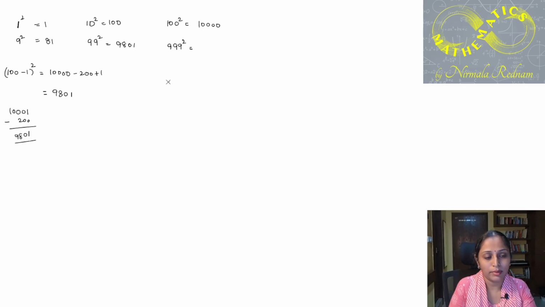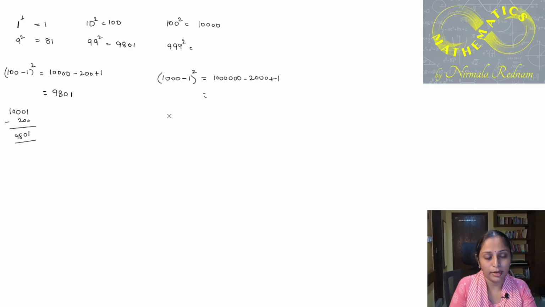Again, I want to use the same method. 999 is nothing but 1000 minus 1. So if I want to square that, again expand (a minus b) whole square: I'll have 6 zeros in 1000 square, minus 2ab plus b square.